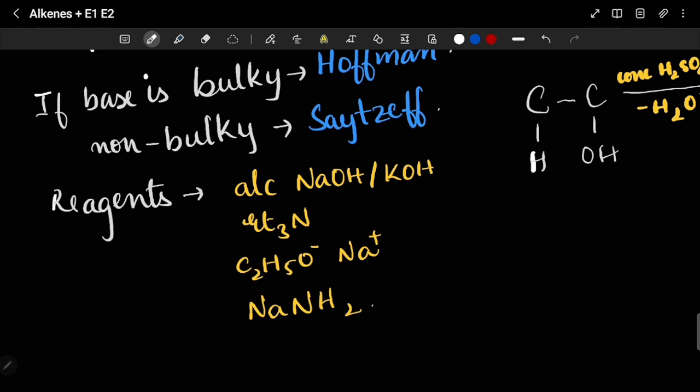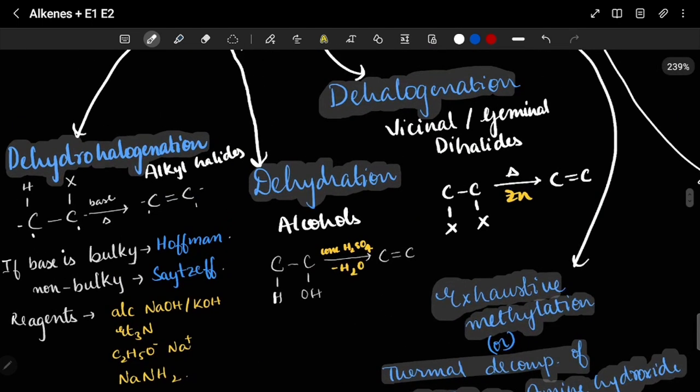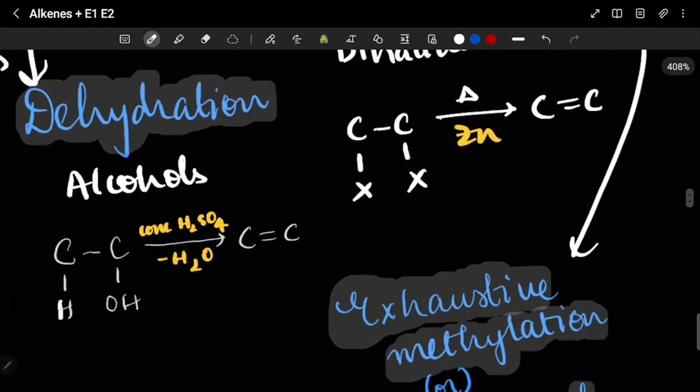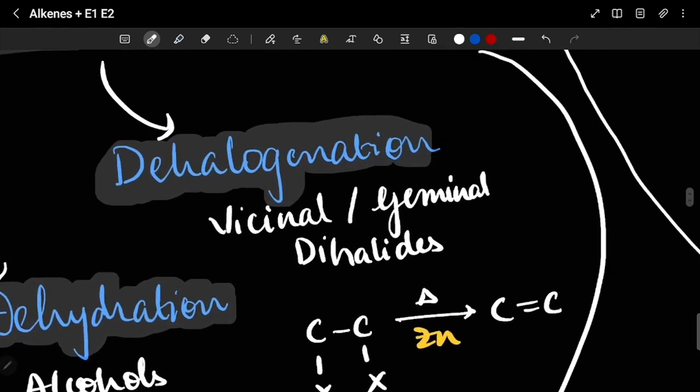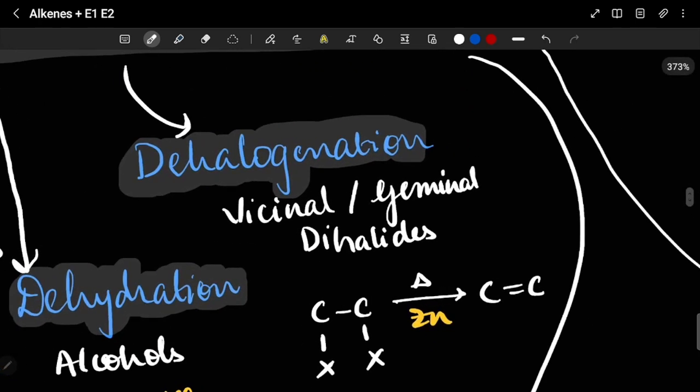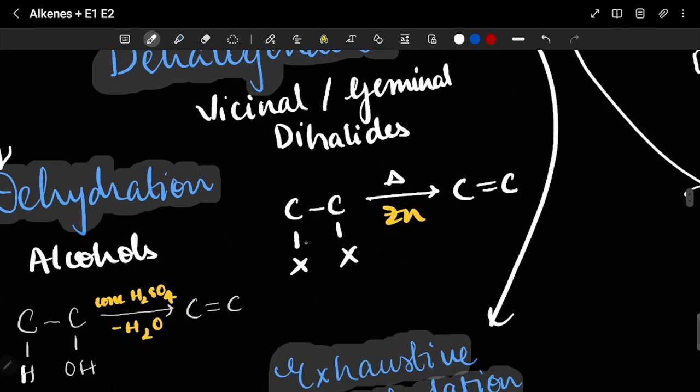These are all important reagents used in dehydrohalogenation. Then we have dehydration of alcohols, with concentrated H2SO4, H2O is removed, and a double bond is formed like this. And then we have dehalogenation of vicinal or geminal halides. This will happen something like this. E2 mechanism is going to take place.